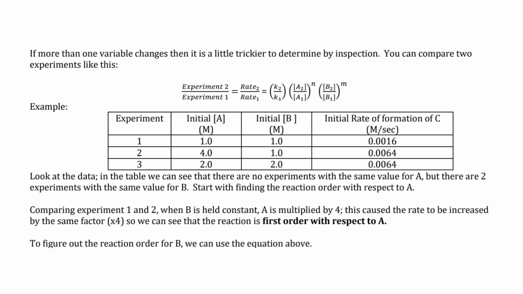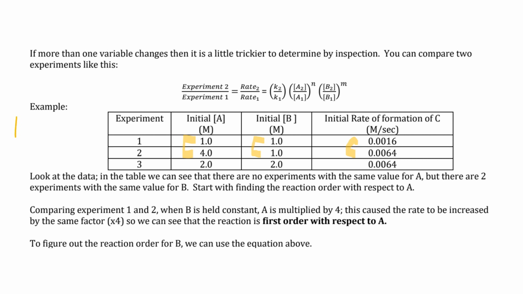Let's start with finding the reaction order with respect to A. If we compare experiment 1 and 2, concentration B is held constant. Concentration A goes from 1 to 4, and the rate goes from 0.0016 to 0.0064.